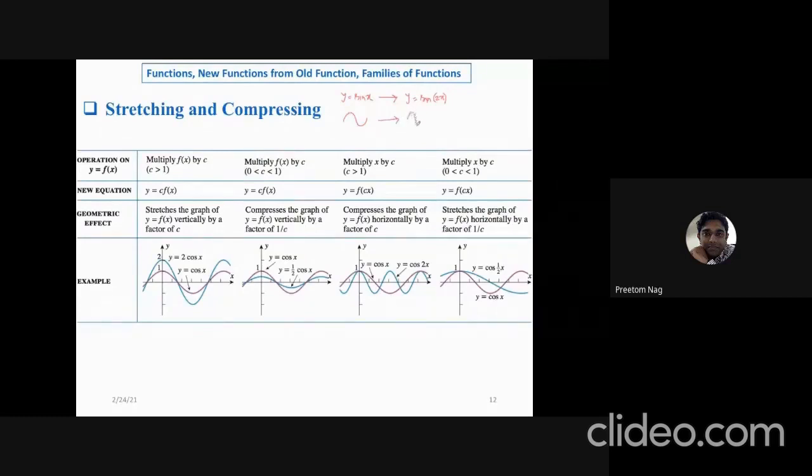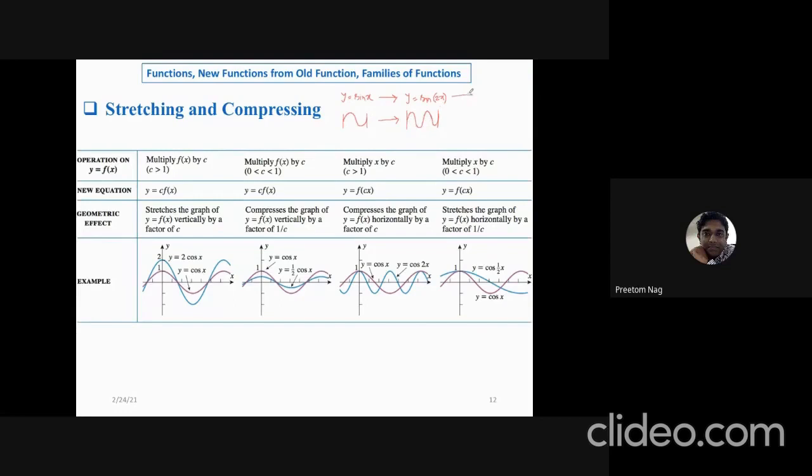So there will be more oscillations within the same interval, within the same length. The graph will compress and more oscillations will emerge.